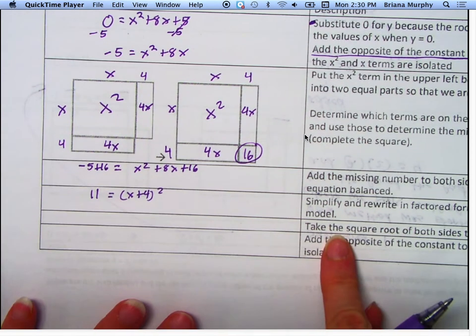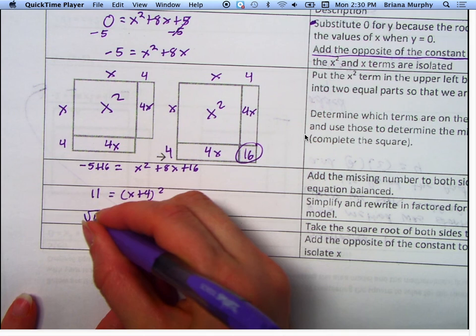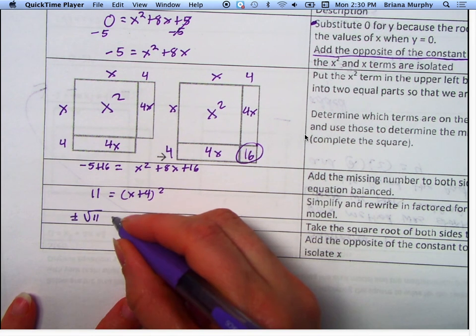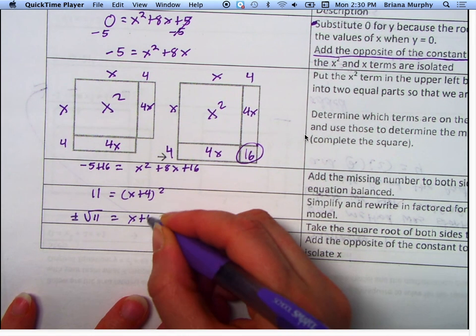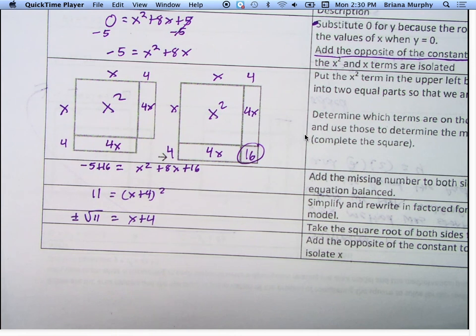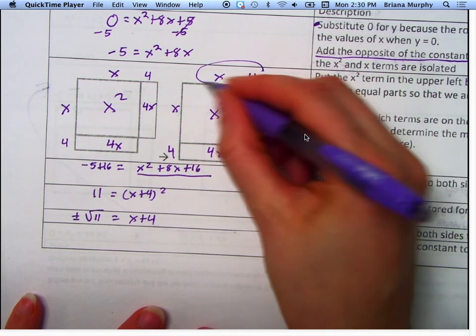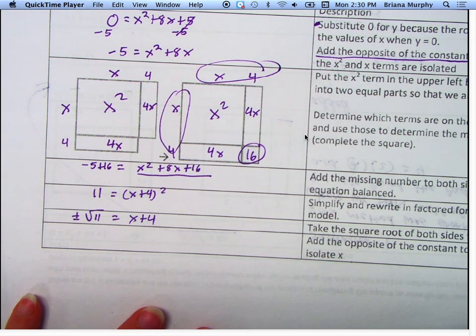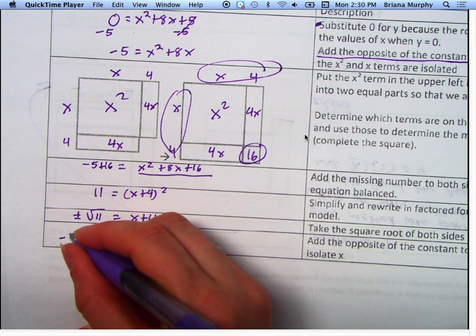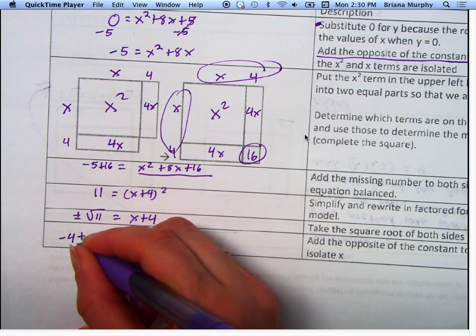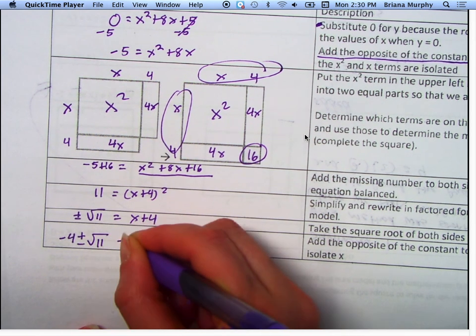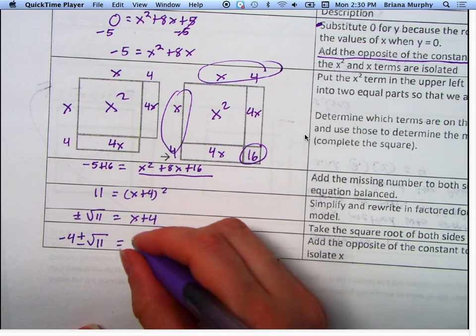Now it says to take the square root. I square rooted both sides because I factored this and I know it's right here. Now I'm going to subtract 4, so I get negative 4 plus or minus the square root of 11 equals x.